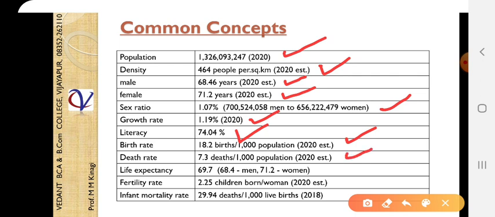So just imagine the birth rate is 18% and death rate is 7%. That's the reason the population has been increasing and becoming abundant for the nation.